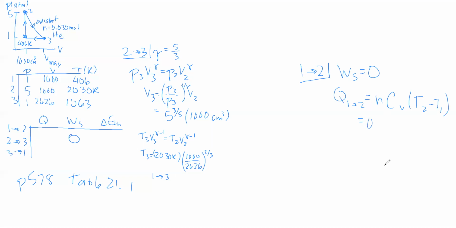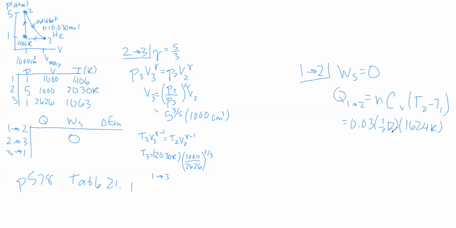Working that out, you get 0.03 moles, that was given, times 3/2 R, that's also given for a monatomic gas, times the change in temperature from 406 to 2030, which is 1624 Kelvin.